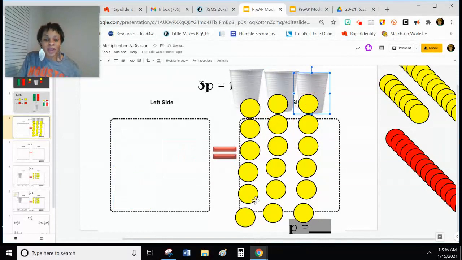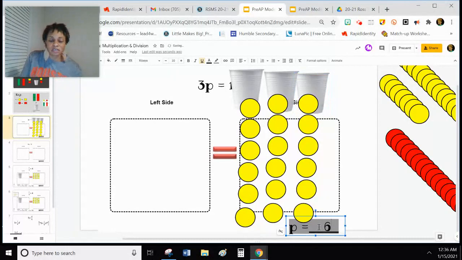So 1p, in this instance, would represent 1, 2, 3, 4, 5, 6, a positive 6. P would equal 6. We can go back later and do the side work for that. I just want to do the video part of the modeling first. If you have any questions about that, please ask.